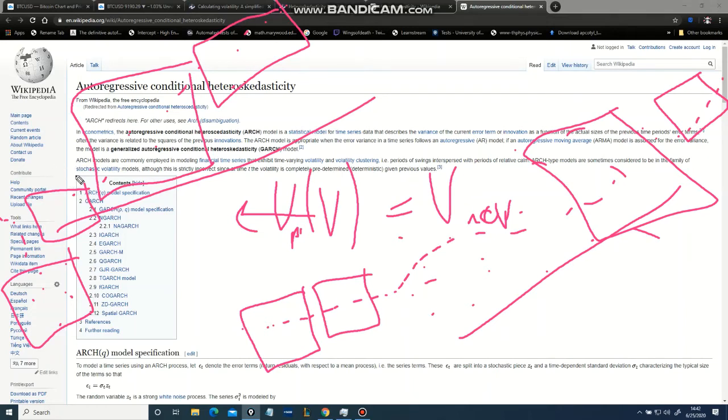So this is really a formalization, like Nobel Prize levels of formalization of whole bunches of theory, computer models, formalized mathematical models of the same general concept of taking previous volatility as a measure of new volatility, which makes a lot of sense.